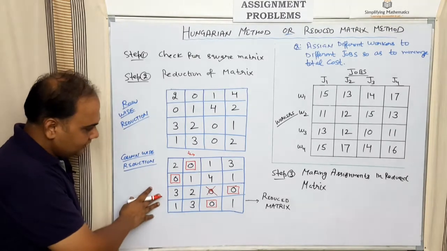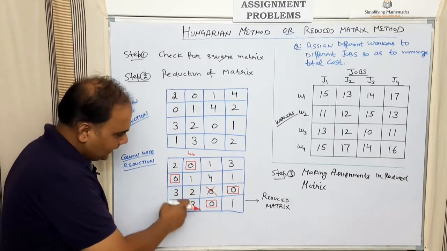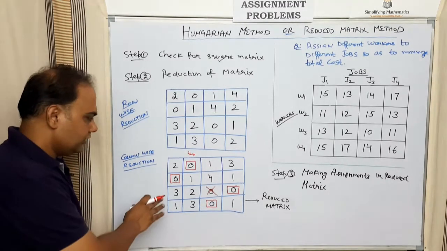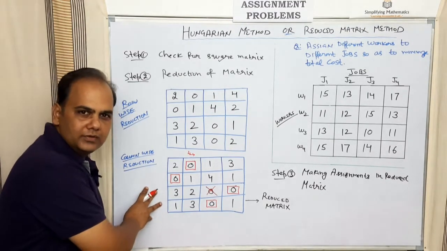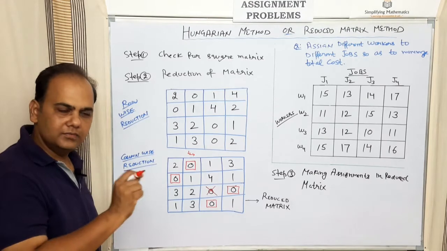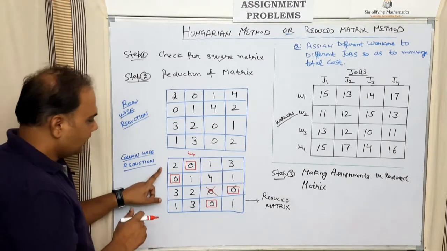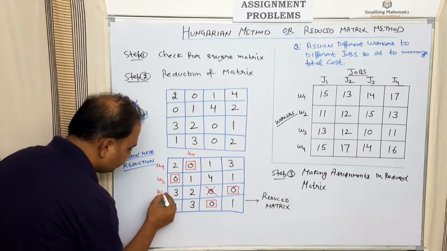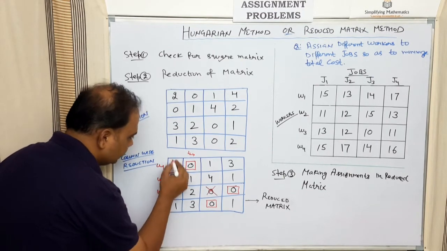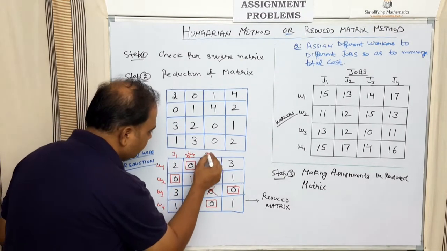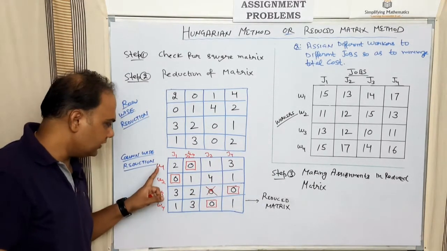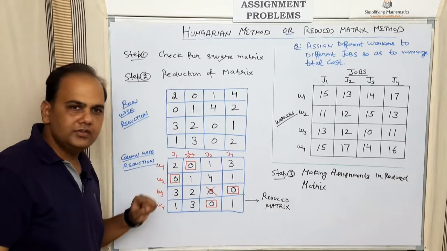Now looking at this, in every row and in every column there is one assignment. So this means कि this is our optimal solution to the given assignment problem. So what is the optimal solution? Corresponding to this, this is the first worker. This is job 1, job 2, job 3 and job 4. So this worker is given which job?